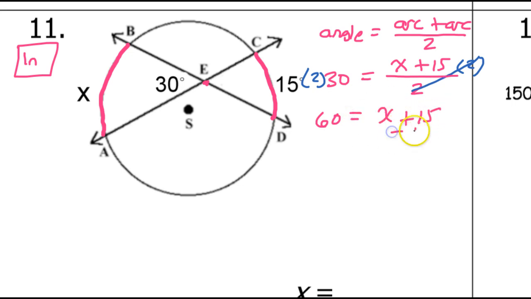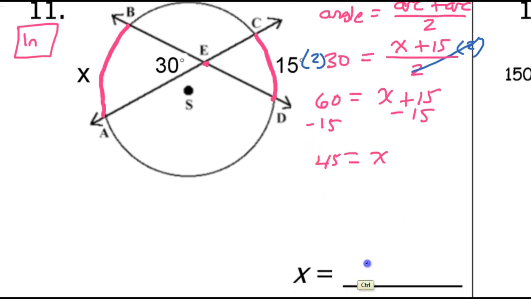Okay, subtract 15, Devin says. So X is equal to 45. Any questions about that?